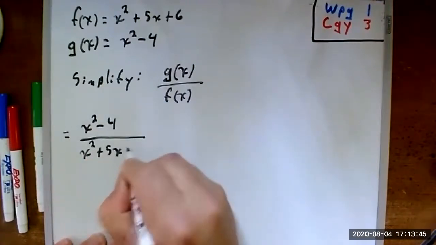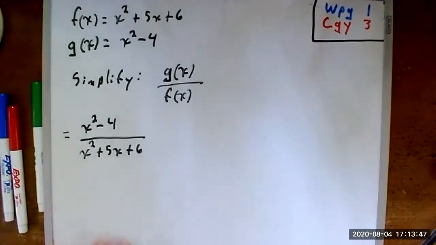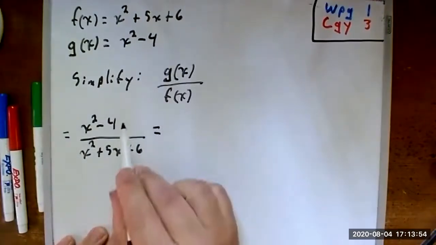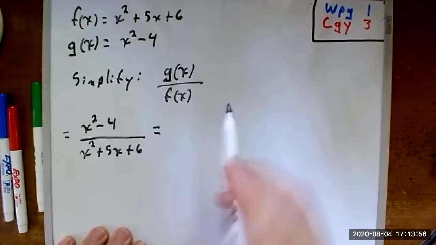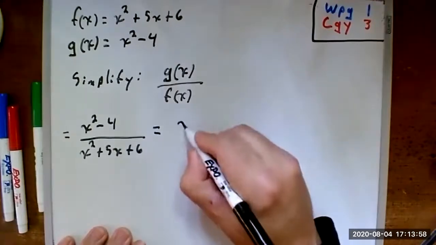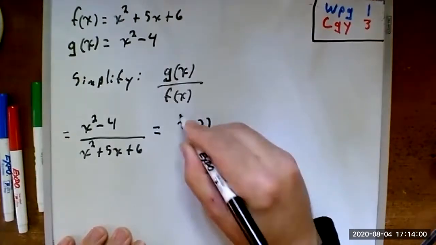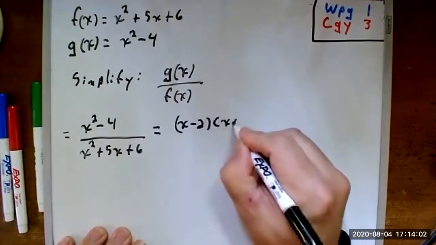So, g of x is equal to x squared minus 4, f of x is equal to x squared plus 5x plus 6. Setting it up is half the battle. Once we've set that up, then we carry on with what we know we're supposed to do.